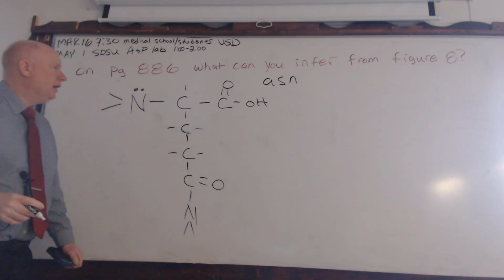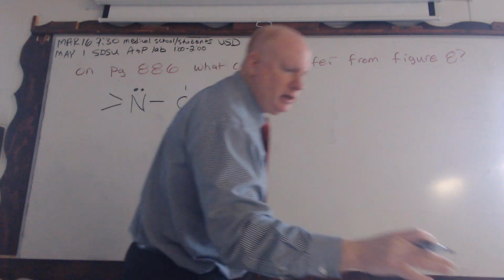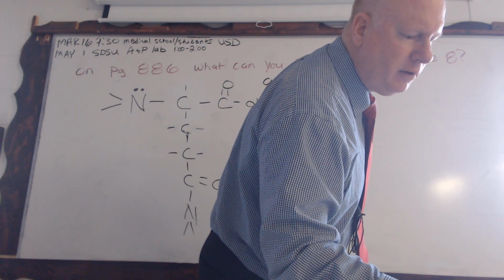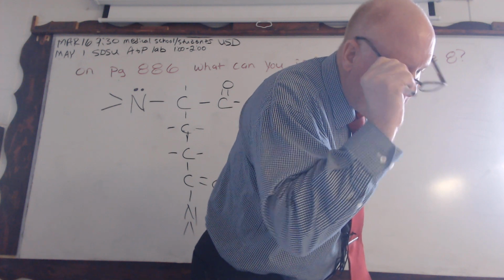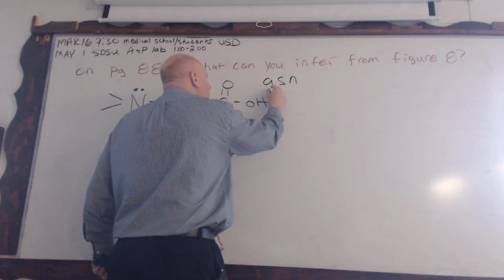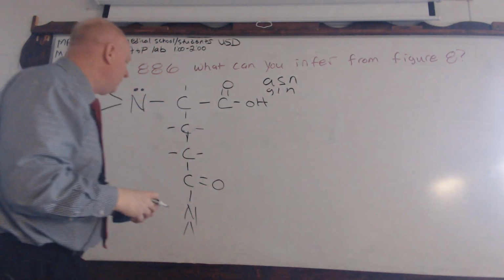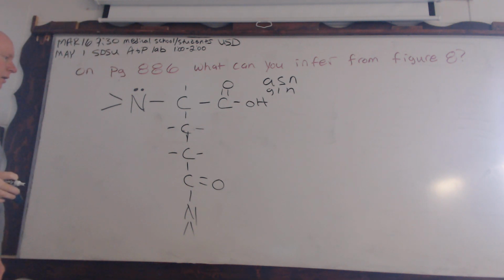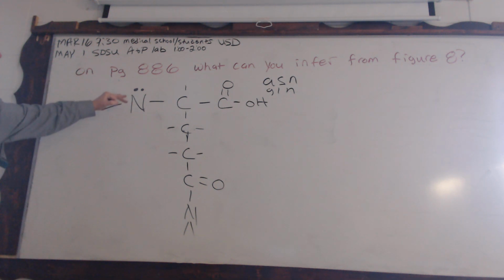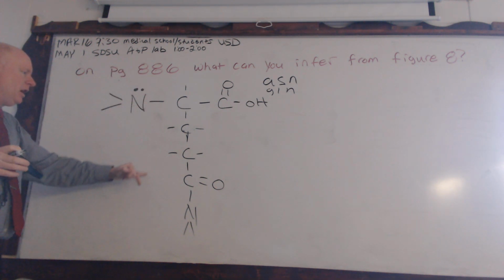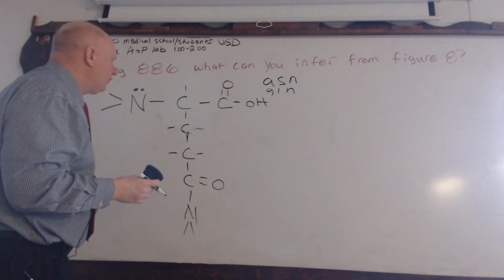Okay, and then now we've got, is it GLN? Yeah, glutamine. So GLN for glutamine. Okay. So again, these are really close together as far as their structure is concerned.